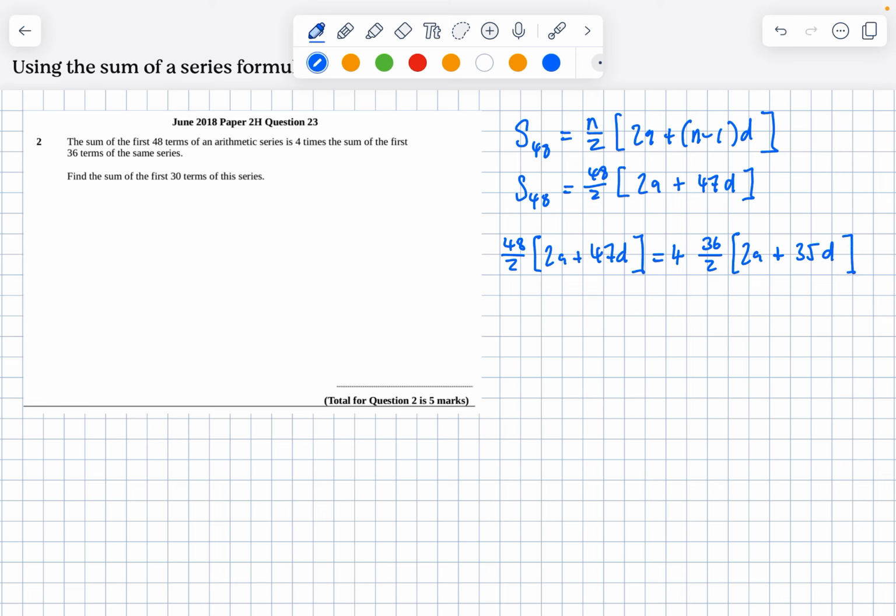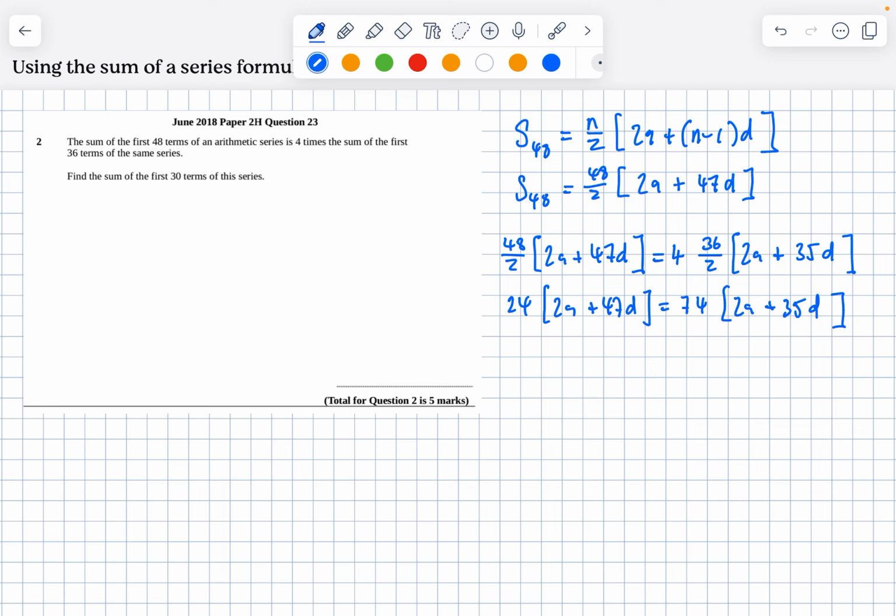So 48 over 2, that's 24, times (2a plus 47d) equals 36 divided by 2 is 18, 4 times 18 is 72, times (2a plus 35d). Okay, so now I've got my two equations, and now what I need to do is expand this out.